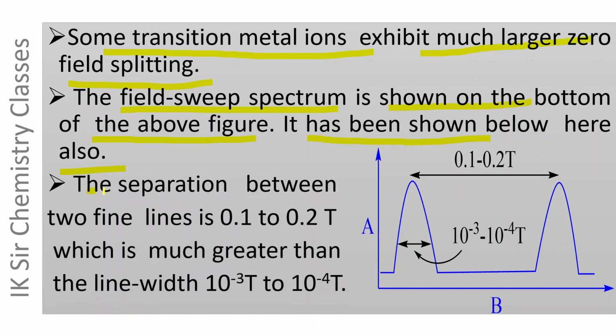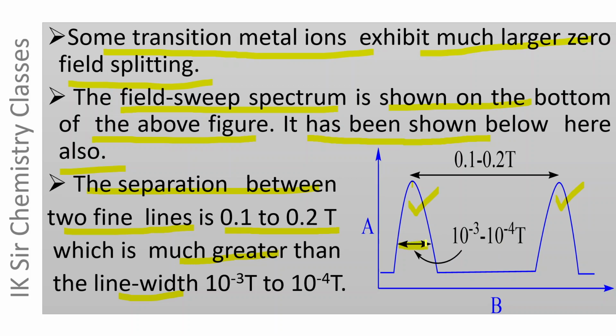The separation between the two fine lines is 0.1 to 0.2 Tesla, which is much greater than the line width. This line width is generally in the range 10 to the power minus 3 to 10 to the power minus 4 Tesla.